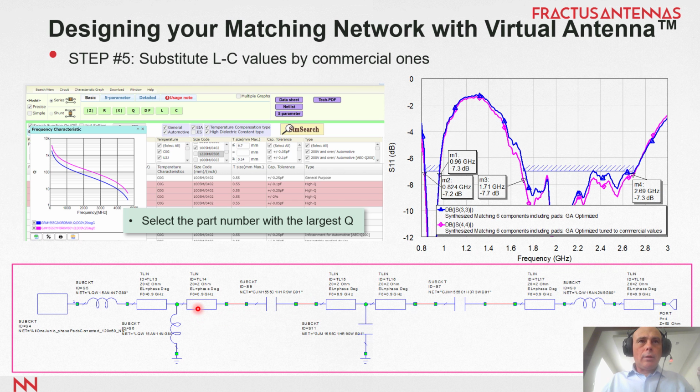So the components we are going to use in the matching network are SMD components. 0201, 0402, 0603. So these components need to be placed in the paths of your layout. And those paths can be easily modeled in the software.